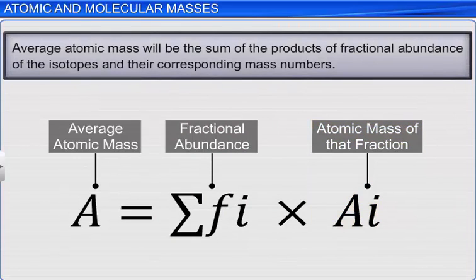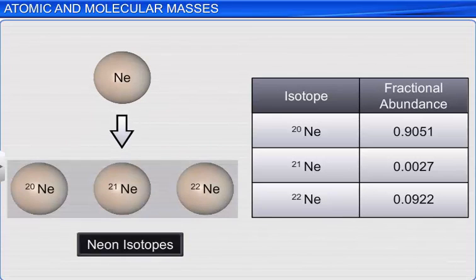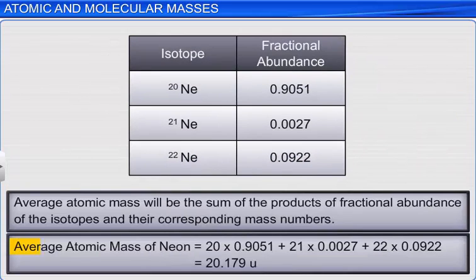Thus, the average atomic mass will be the sum of the products of fractional abundance of the isotopes and their corresponding mass numbers. For example, neon consists of 3 isotopes: neon 20, neon 21 and neon 22, which have mass numbers and fractional abundances as shown in the table. The average atomic mass of neon will be calculated as 20.179 U.